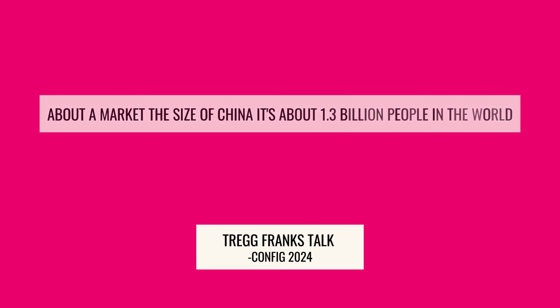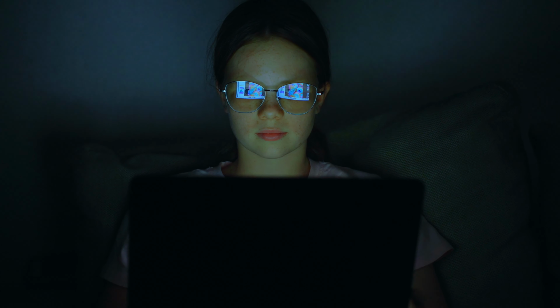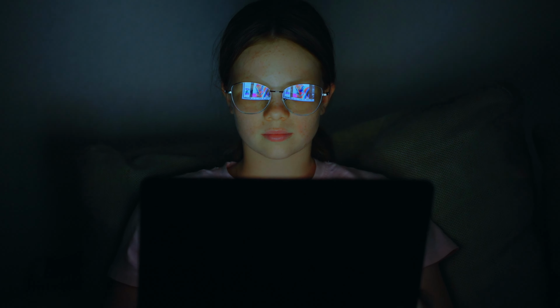And remember, about 16% of the world, or as I like to refer to Treg Frank's talk during Config 2024, about a market the size of China. It's about 1.3 billion people in the world who are living with one or more disabilities. The accessibility statement can include information like how the website supports assistive technologies like screen readers. It can also include how it offers content in easy to read formats.